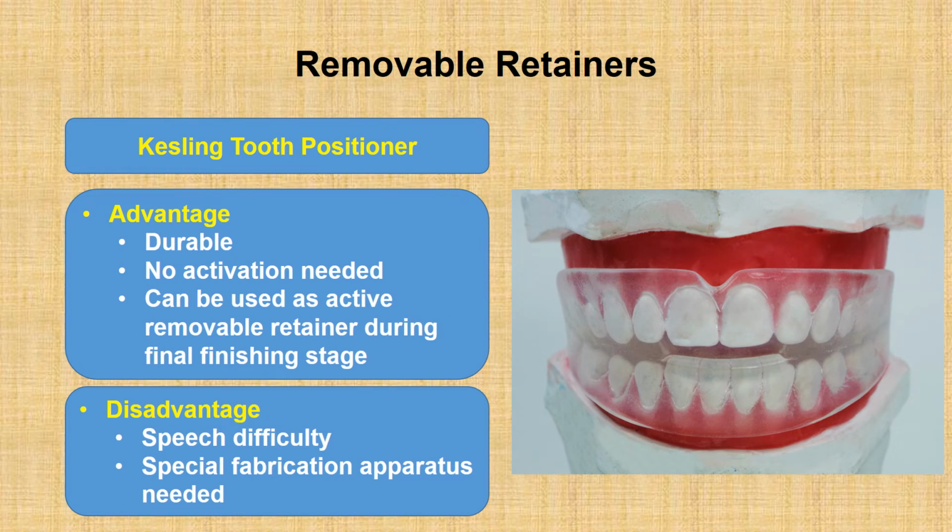The advantage of a Kessling tooth positioner is that it is durable and no activation is needed. It can be used as an active removable retainer during the final finishing stages. The disadvantage is that there is some speech difficulty due to the bulk, and the fabrication of the appliance requires a special apparatus.